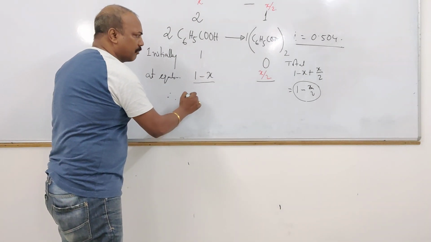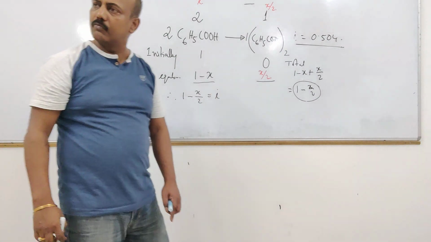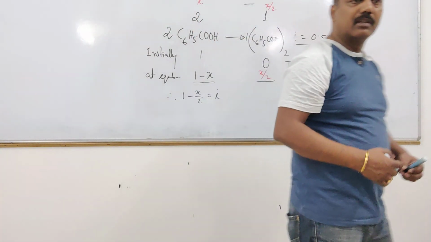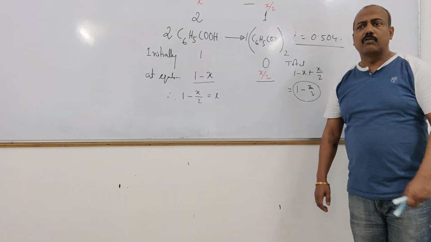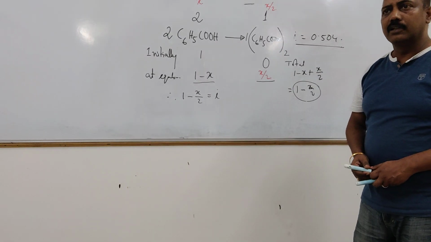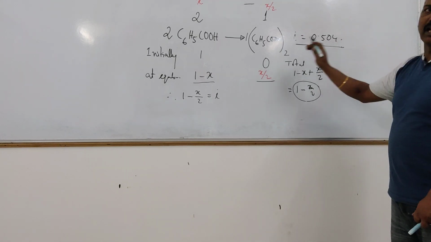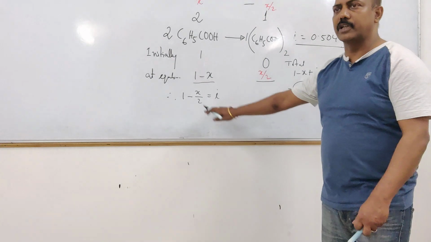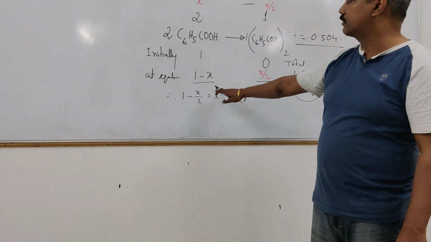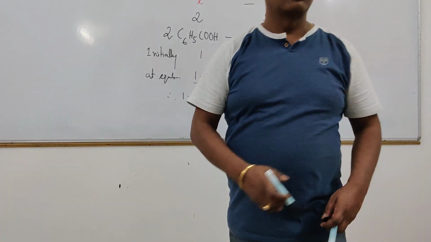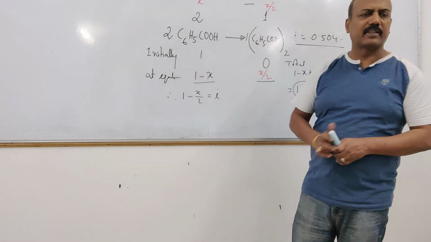Therefore 1 minus x by 2 equal to i. 1 minus x by 2, that's the total, right? That should be equal to i. You already know the value of i. You already calculated the value of i, 0.504. Now calculate the value of x. Just put it in this equation and calculate the value of x. 1 minus x by 2 equal to 0.504. So what is the value of x coming?